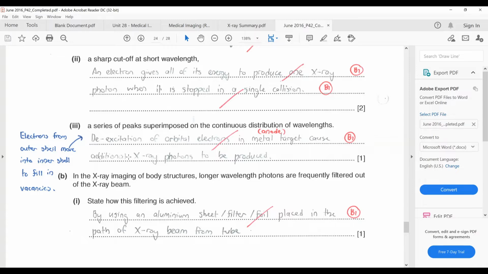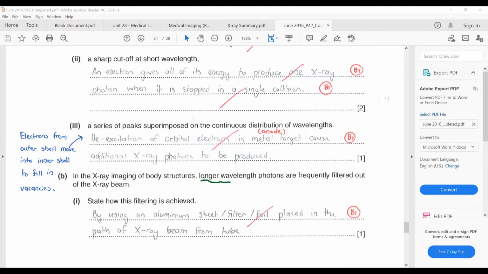B. All right. Now for part B, they say that in the X-ray imaging of body structures, longer wavelength photons are frequently filtered out of the X-ray beam. State how this filtering is achieved.